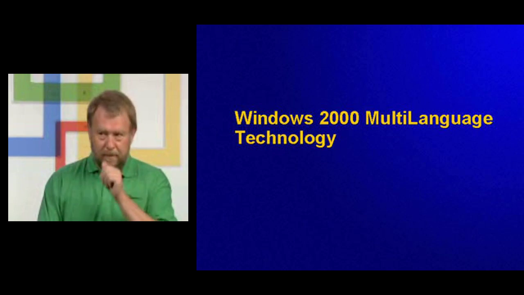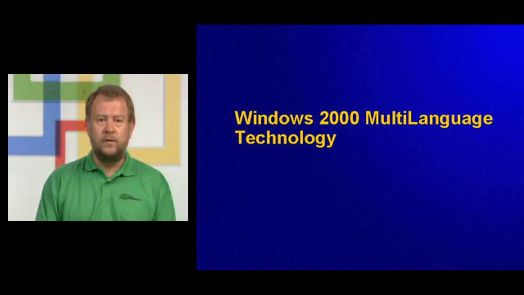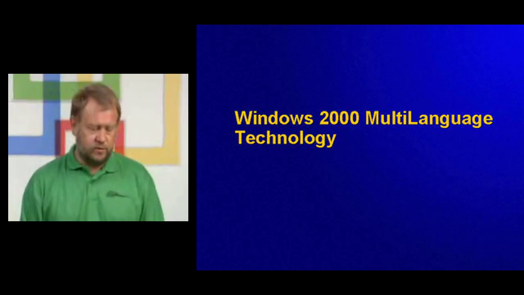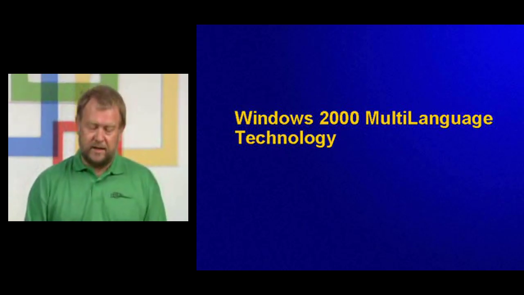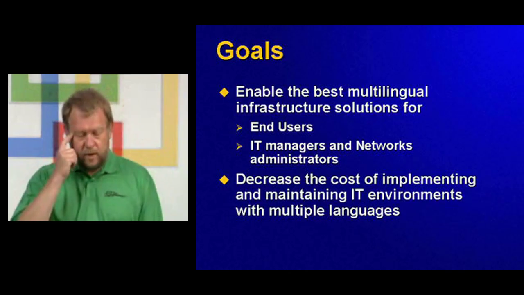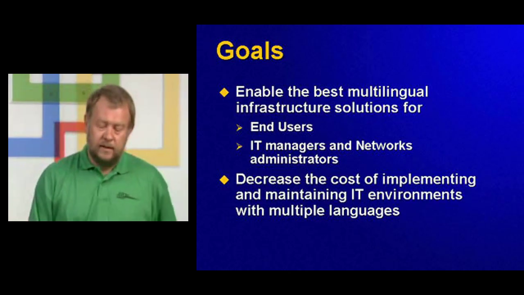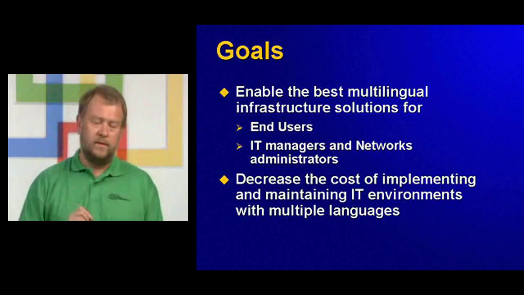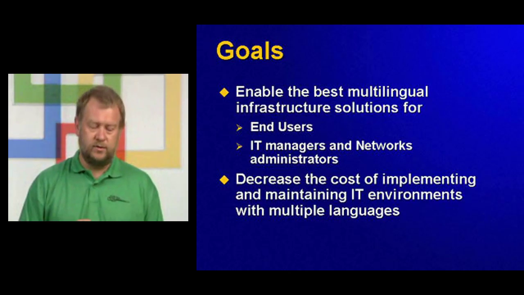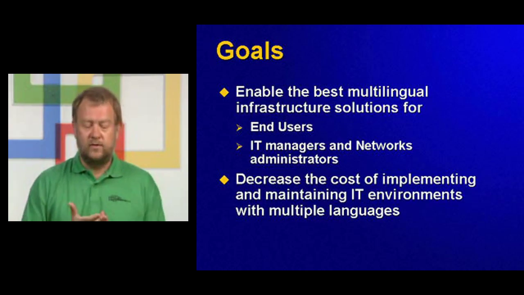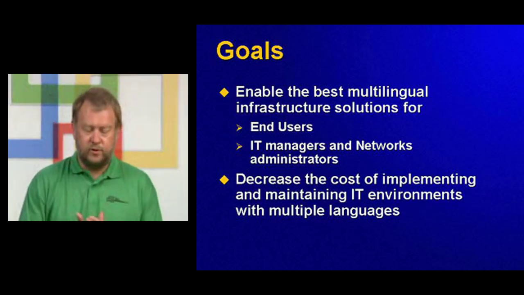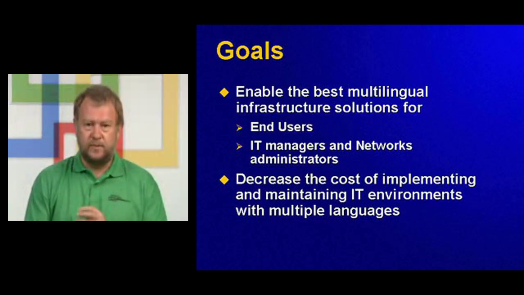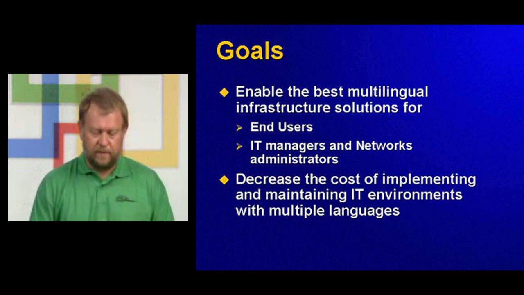Okay, now the third initiative of Windows 2000 that we want to talk about, and we'll see how this affects you as well, is the multi-language technology. We already talked quite a bit about enabling, and these are some of the goals of the multi-language technology of Windows 2000. It enables multi-language infrastructure for end users and for IT managers: network administrators, people who are setting up systems and that sort of thing.